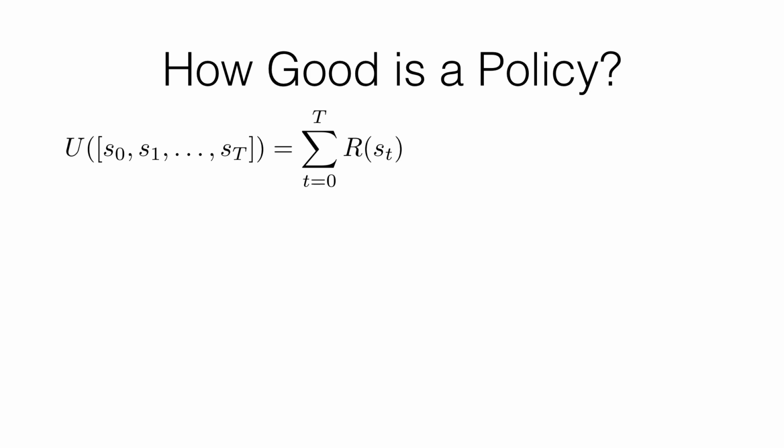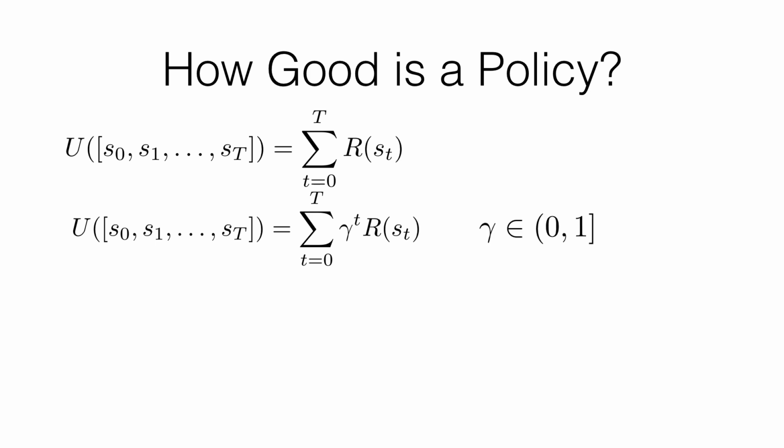So one strategy for handling this, which is the strategy we're going to pretty much use throughout the rest of the course, is to use a discounted reward. What this does is you multiply each reward by some number according to how far in the future we're talking.